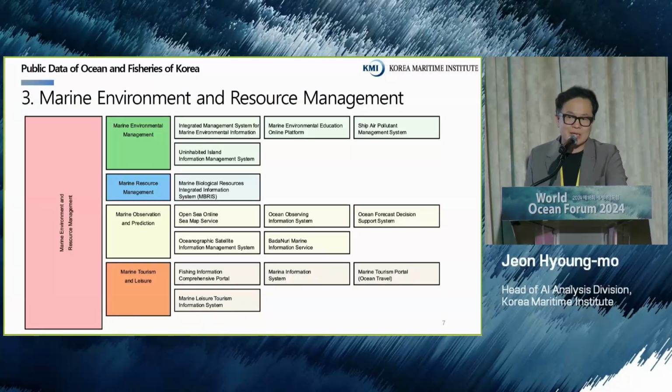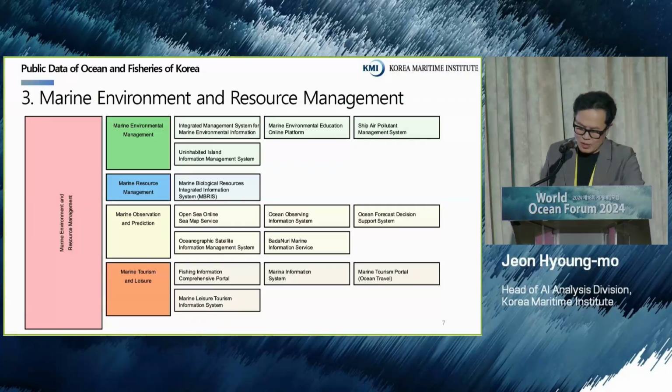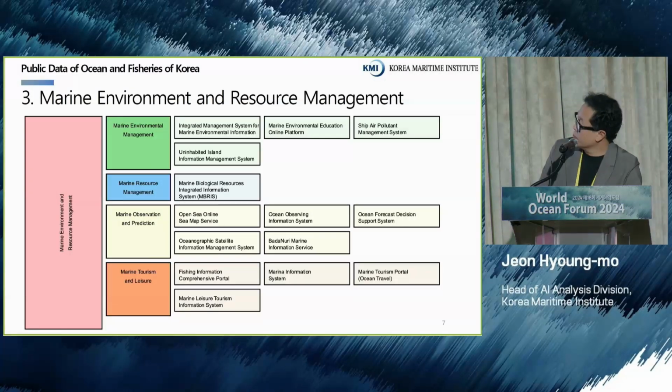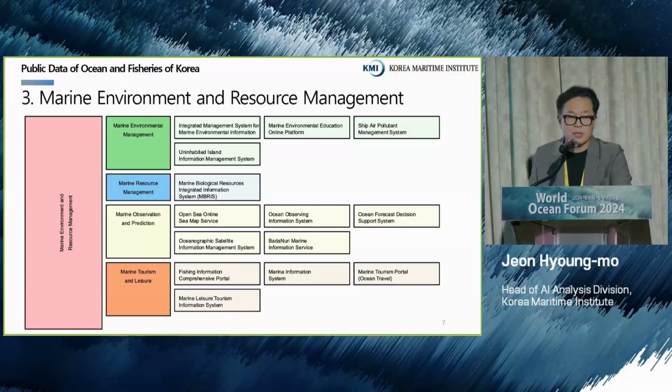So we separated it, but I think we will have to further consider whether to include it in the environment or not. In the marine environment management part, we see information integration and pollutant management, and all that data is gathered through that platform. In the marine resource management part, we have the uninhabited island information management system, and the uninhabited island data is managed by the MOF.